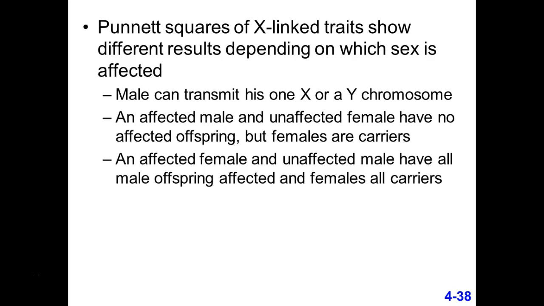An affected female and an unaffected male have all male offspring affected, and females are carriers. Because remember, if mom is affected, this is a recessive pattern of inheritance. Both of her X's are defective. That's the only X her boys get, because they're boys because dad gave Y, not his X. So all her boys will have it.